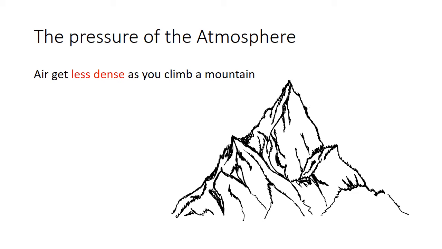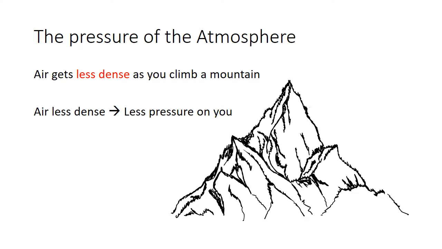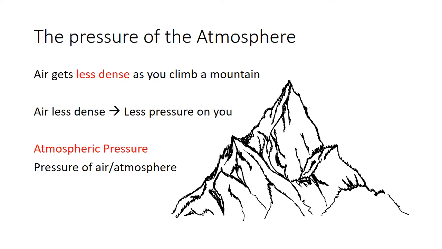So what do you think will happen to the pressure? Well, if air is less dense, there will be less pressure on you on top of the mountain. Atmospheric pressure is the pressure of air or the atmosphere on you.